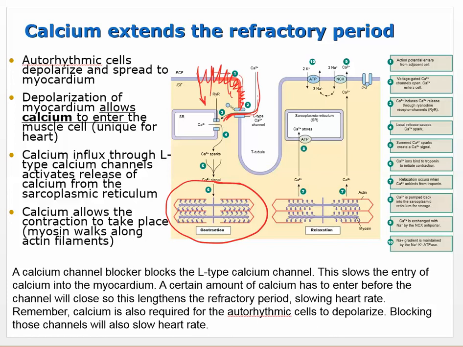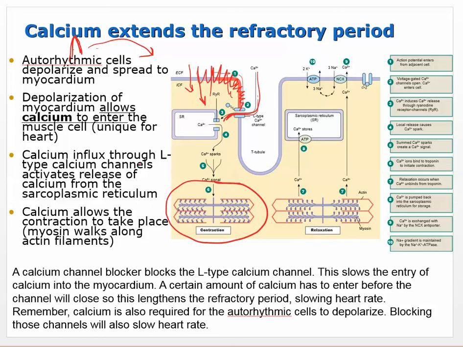So autorhythmic cells depolarize and spread to the myocardium. Remember the little autorhythmic cells out here spread to the myocardium, and then depolarization of the myocardium will allow calcium to enter. So it's depolarizing the same way. First sodium moves in, but then it allows calcium to enter. And then that calcium is going to extend that contraction.